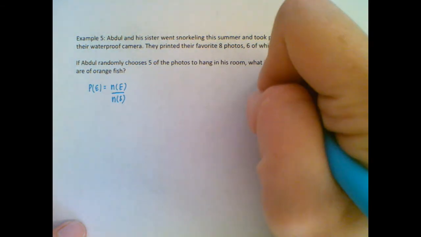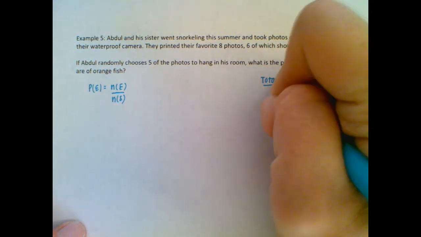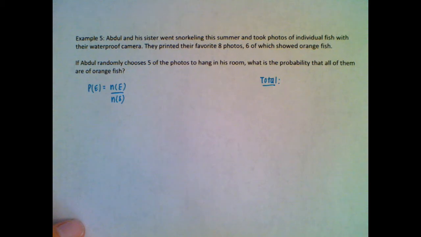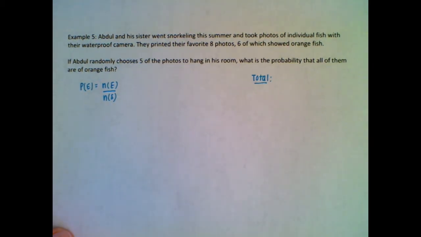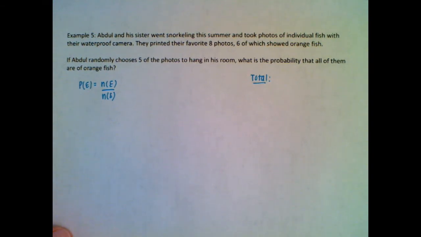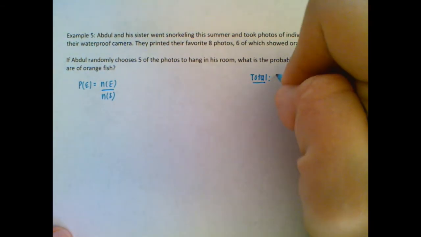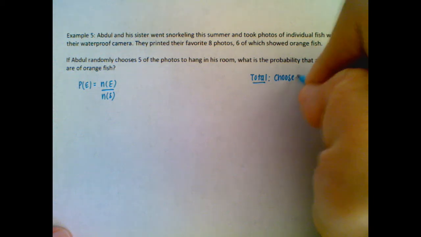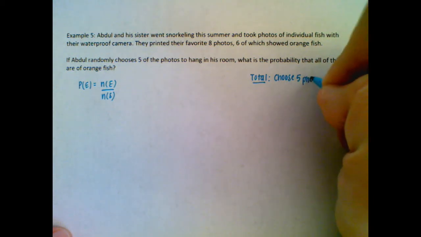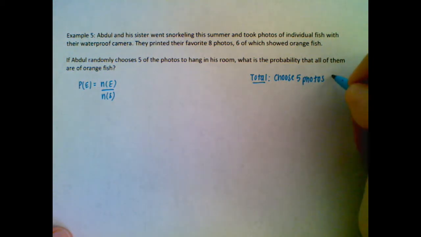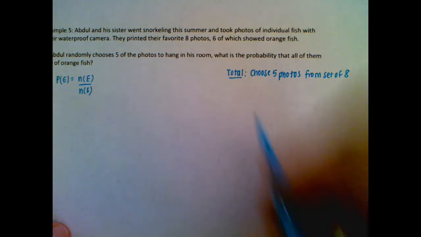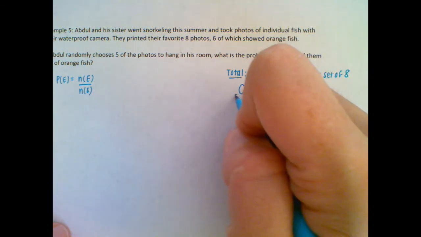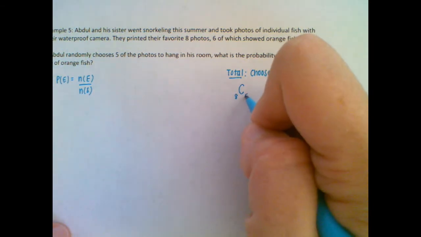All right, so I will start again with my total, because again, that's easiest for me to figure out what my total outcomes are first before I get into the specific event. And this is where our combinations are going to come back in. So it's asking me for my total to choose 5 photos from my set of 8 photos. So that's telling me I'm going to be choosing 5 of 8.